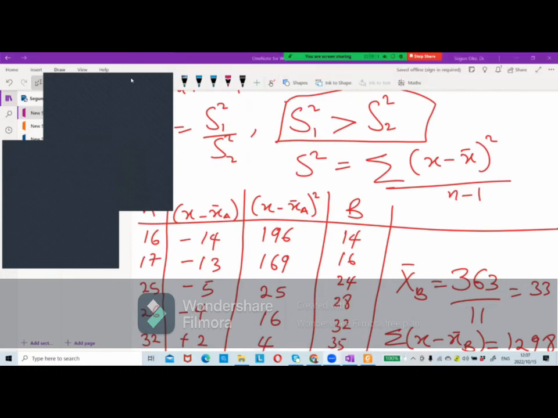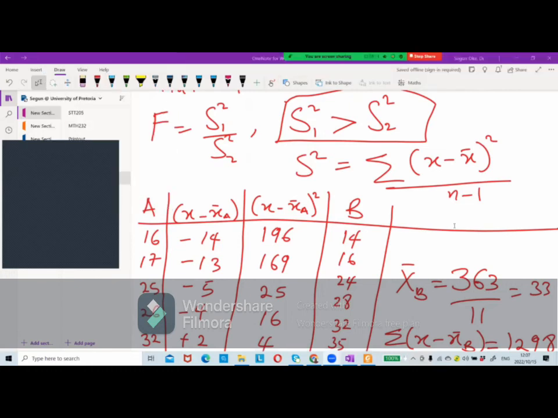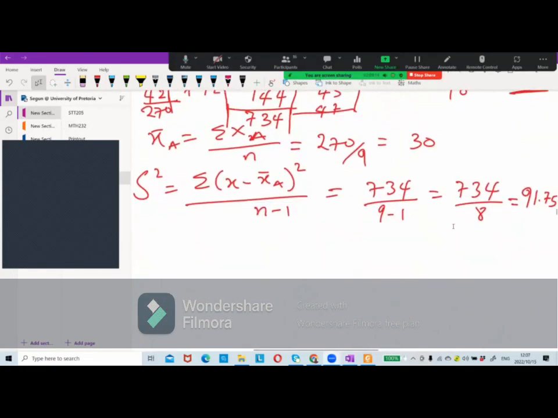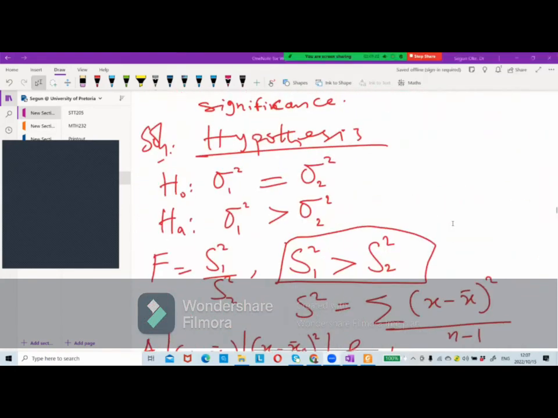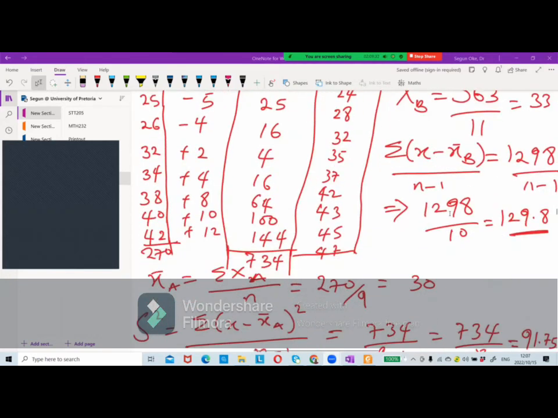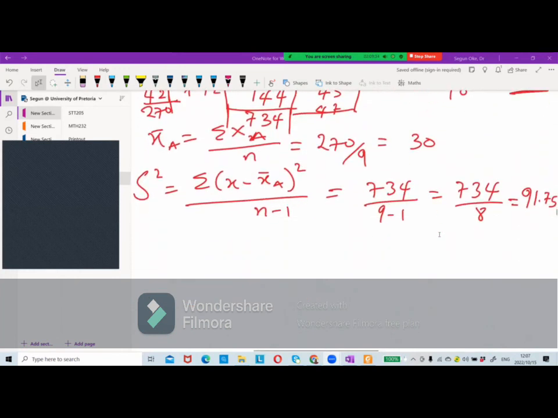Remember the law says something. Look at the law. It says S1 squared, the one you will use for S1 squared, must be greater than the one you use for S2 squared. So out of the two values that we have, which one can we use for S1?